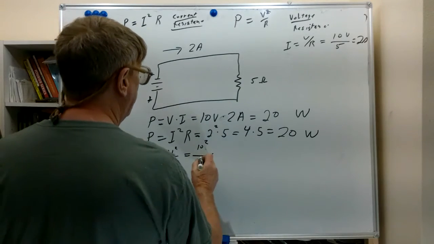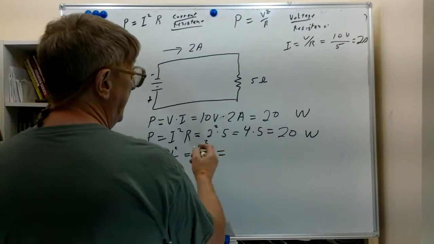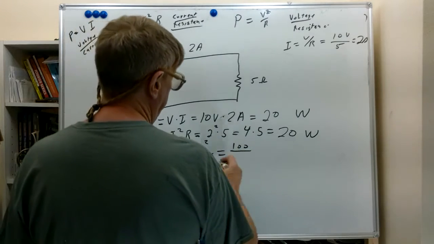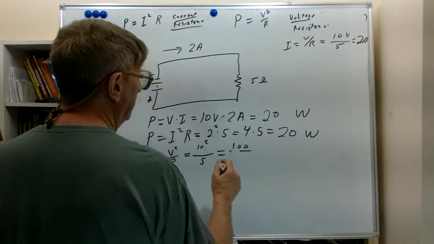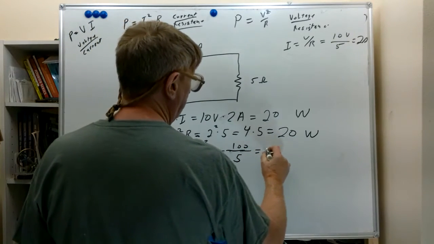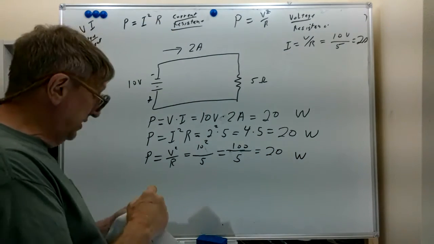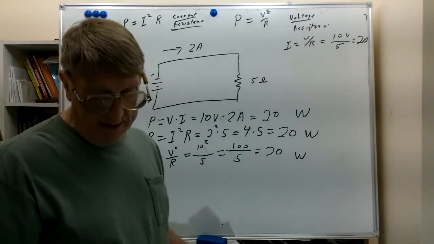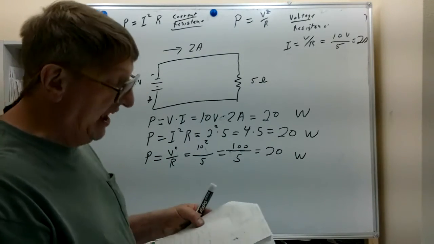The resistance is 5 ohms. So 10 times 10, 10 squared is 100, divided by 5, because a fraction is basically a division indicator. That equals 20 watts. So what we see here is we have calculated power using 3 different formulas that we derived, and we have shown that we do come up with the same value in each case.